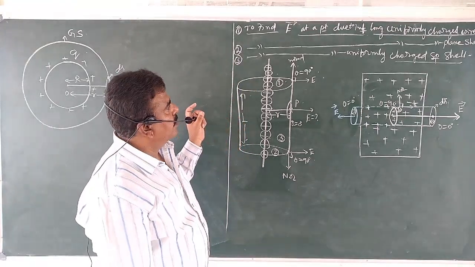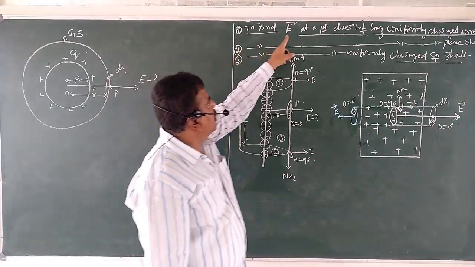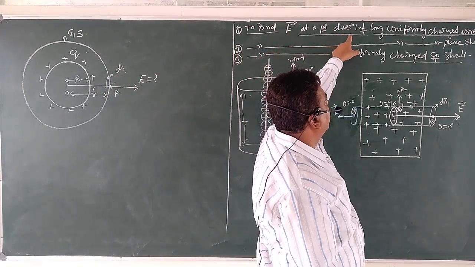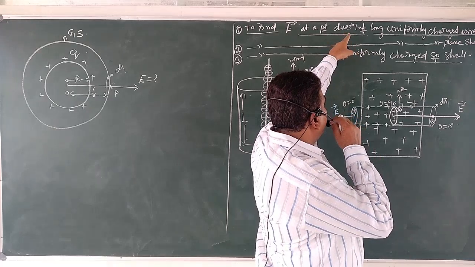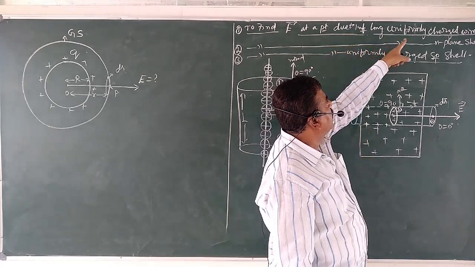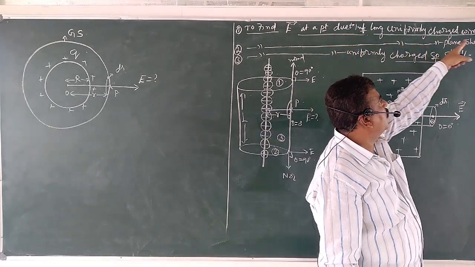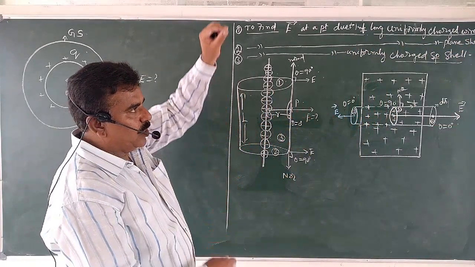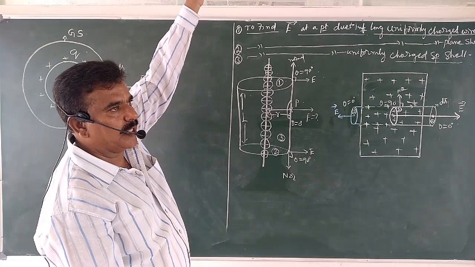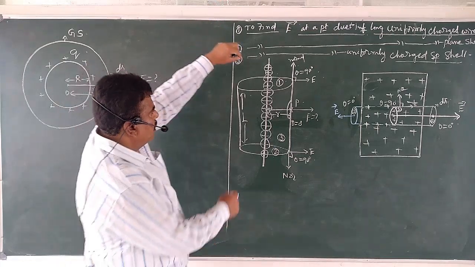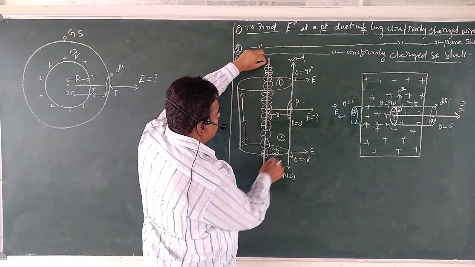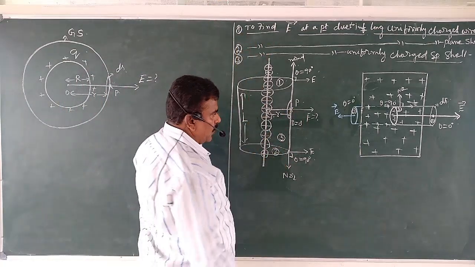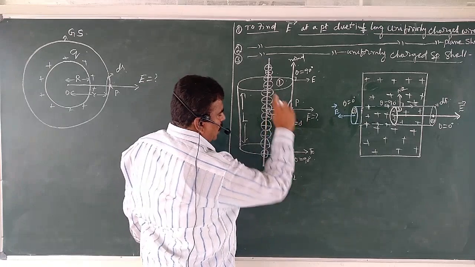We can use Gauss law to find the electric intensity at a point due to an infinitely long, uniformly charged wire. What is the electric intensity at this point due to this wire? Using Gauss law, we can do that.